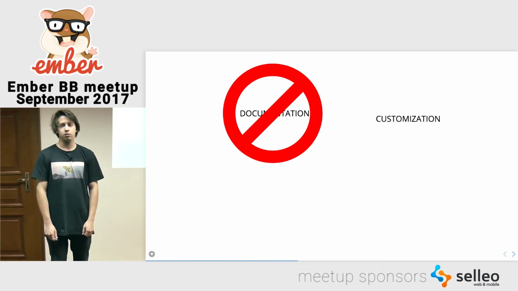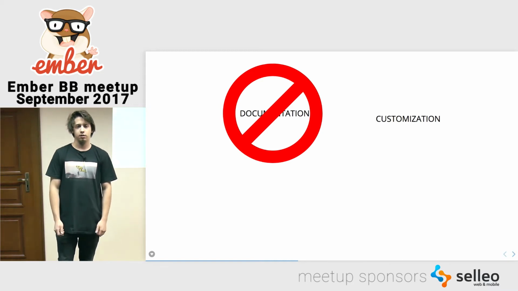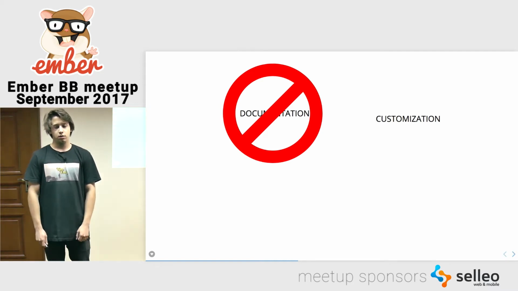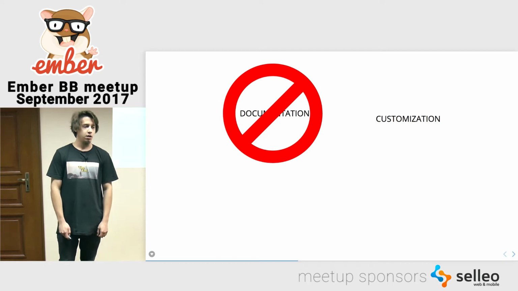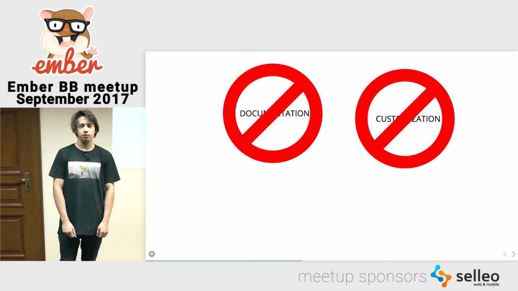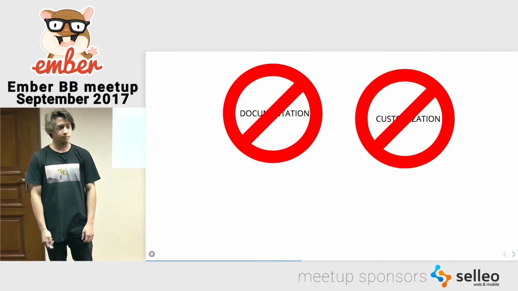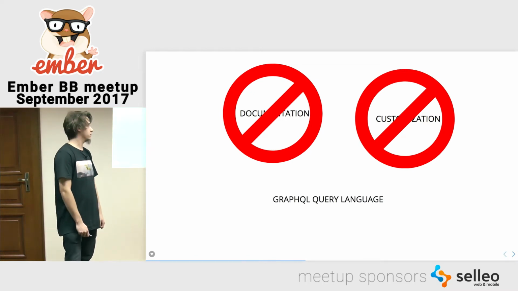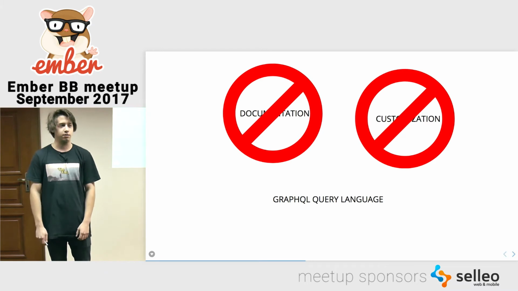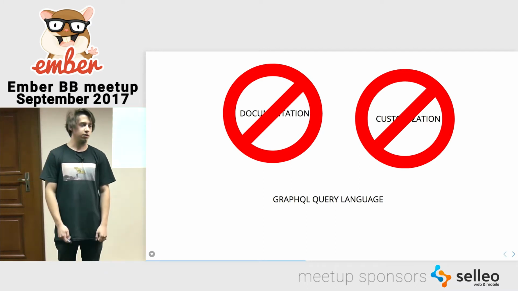And I was also looking for something that I can easily customize and do some custom queries that I can define with the GraphQL query language. And I didn't find anything like that in this add-on. And like I said before, I cannot write this query by hand and get the data that I want.